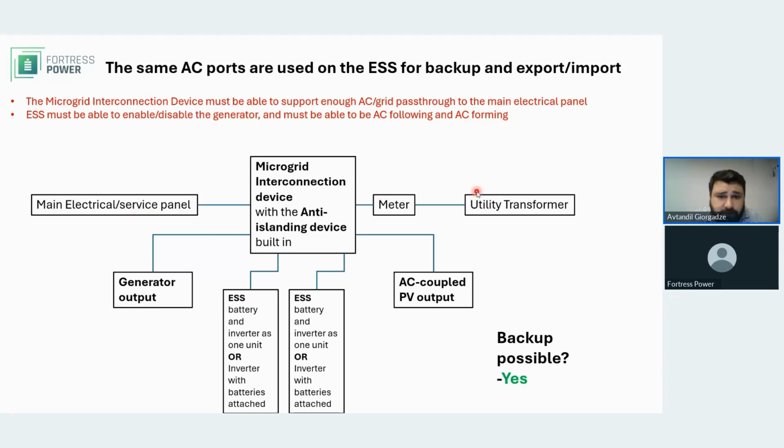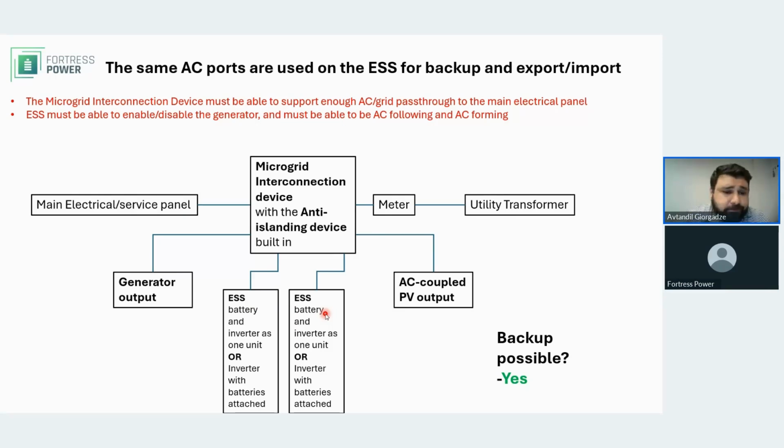Again, nothing will flow to the meter because the MID, or microgrid interconnection device, is ensuring that the anti-islanding device is in such a position that connection to the meter is interrupted. So while you're sending the generator power to your main electrical panel, to your loads, your energy storage system is allowed to take some of that power and charge the batteries. So microgrid interconnection devices are pretty cool.